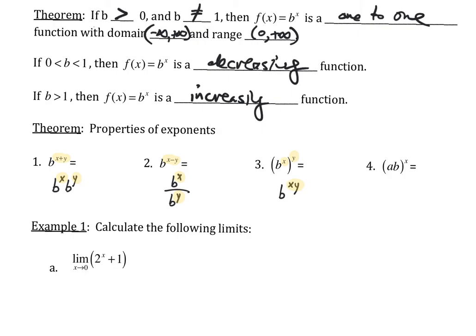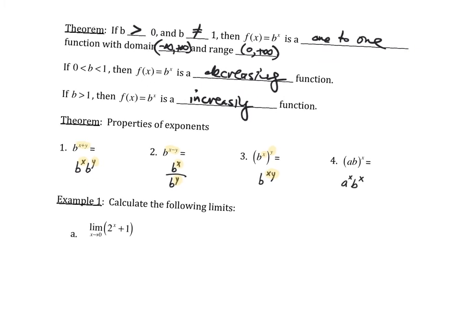And then the final property that we have is that if you have two different bases to the same power, you basically distribute the power. So this becomes a to the x times b to the x. Okay. So I want to take a second to make a quick note here.